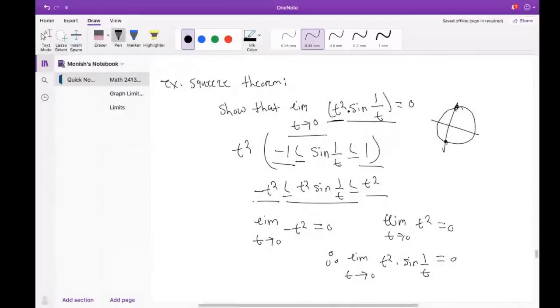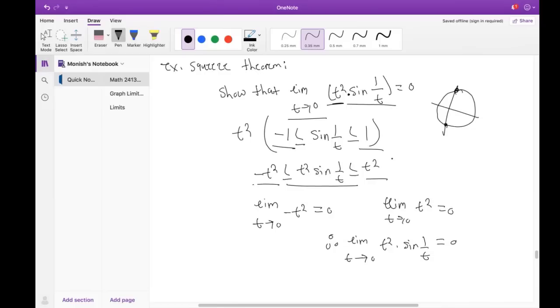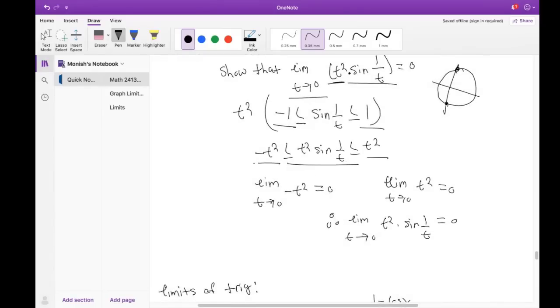In this case, we know that sine of 1 over t is bounded between -1 and +1. We're working with t squared, so we multiply each component by t squared. The limit as t approaches 0 of negative t squared gives us 0, and the limit as t approaches 0 of positive t squared also gives us 0. So the middle function also has to be approaching 0.